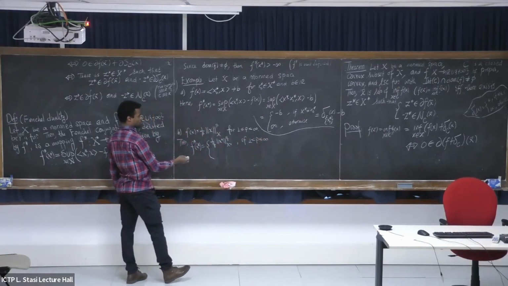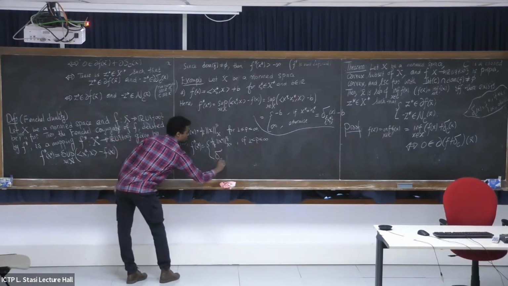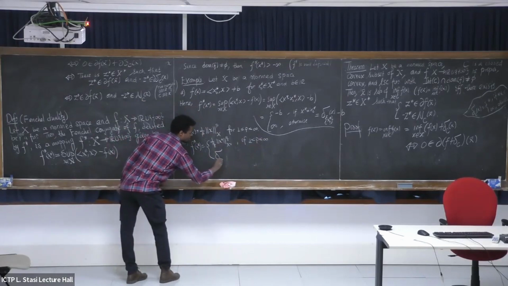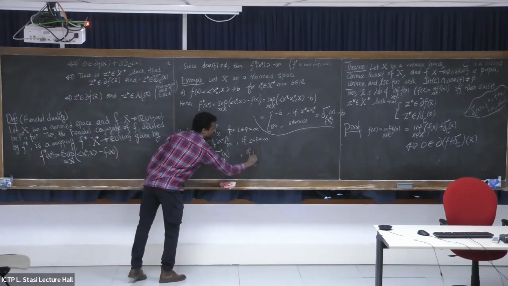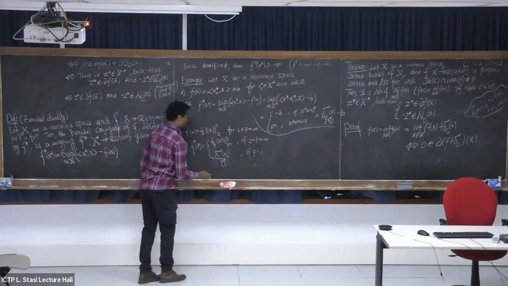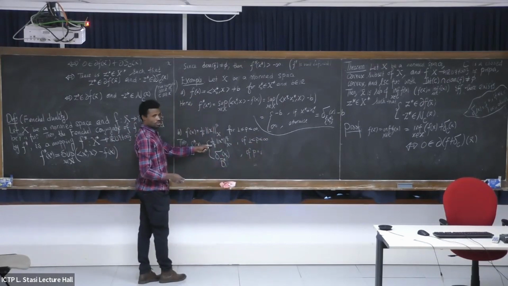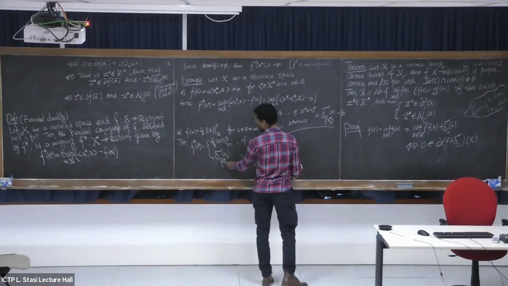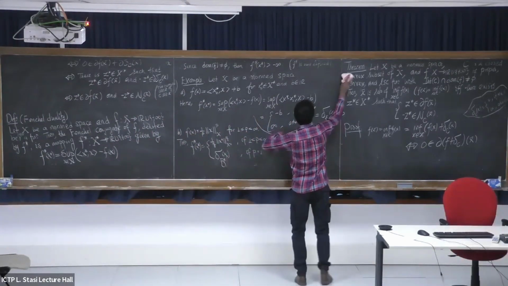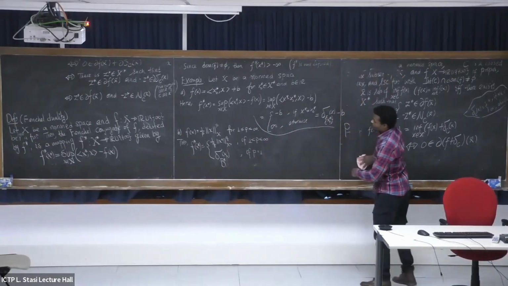If p is equal to 1, then it is the indicator function over the unit closed ball in the dual space. So what is p? What is q? Here q is the conjugate of p. B star is the unit closed ball in the dual space.